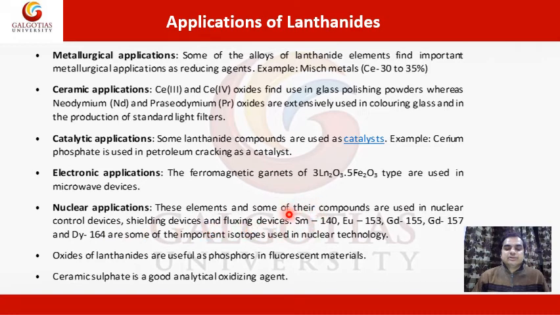Samarium, europium, gadolinium, etc. are some of the important isotopes which can be utilized for nuclear technology. And oxides of lanthanides can also be useful as phosphors in fluorescent materials, while ceric sulfate is a good analytical oxidizing agent.